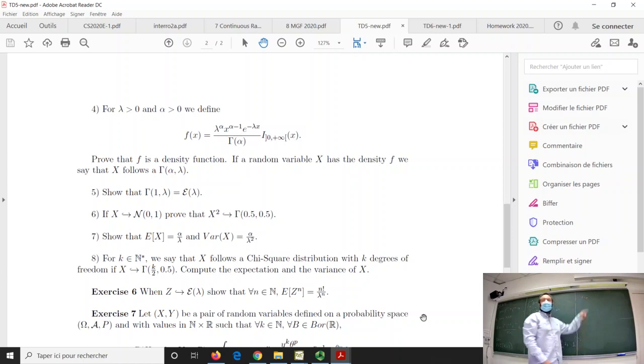Be careful concerning the definition. The definition I will use for the gamma will be this one. Depending on textbooks, you may have inversion of the parameters. The one I will use is the one I want you to use. So we say that x follows the gamma distribution of parameters alpha, lambda, with alpha strictly positive and lambda strictly positive, if the density function of x is given by this expression.